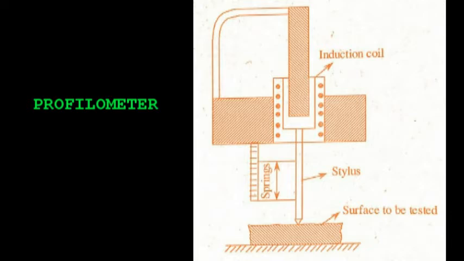The induced voltage is amplified and recorded. This instrument is best suited for measuring the surface finish of deep bores. By using those recorded values, we can estimate the surface roughness values.